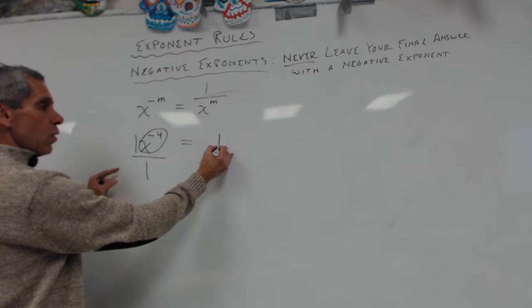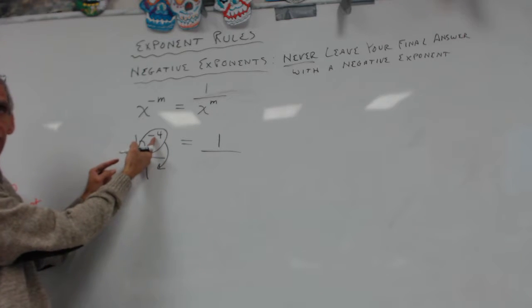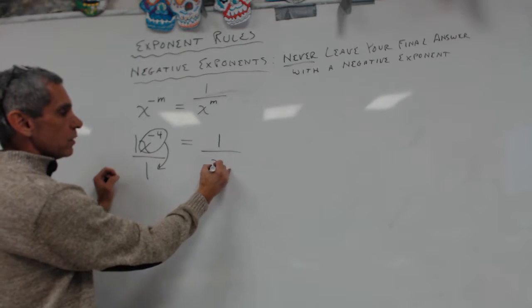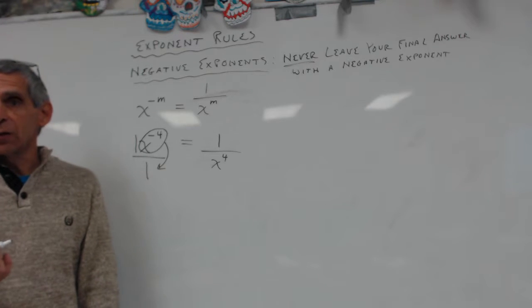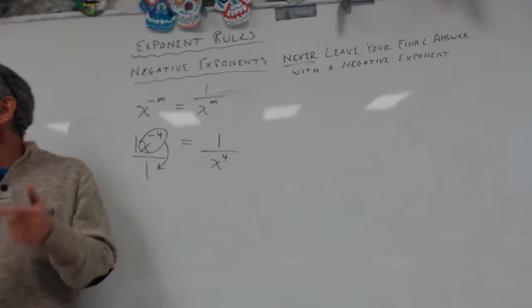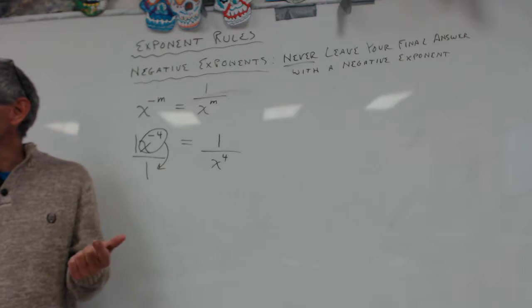So the 1 stays upstairs, this goes downstairs and now becomes x to the positive 4. That's a really awesome little trick. To change any negative exponent into a positive exponent, you flip it to the other side of the fraction line. That's all you have to do, and then suddenly it's positive.